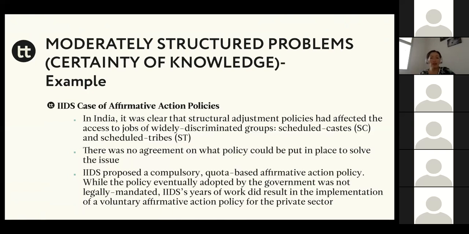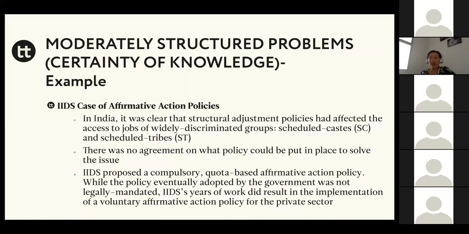One concrete example that they had was working around access to jobs, and they identified that these groups were widely discriminated. Now, there was no agreement on what policy could be put in place to solve this issue. So policymakers agreed there was a problem, there was discrimination, but the actors didn't agree on what to do about it.